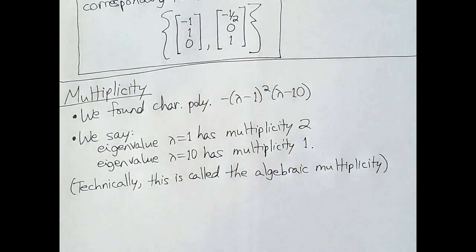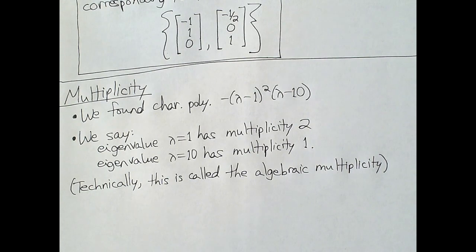And I'll tell you at this point, there is another type of multiplicity, but we'll just call this the multiplicity of the eigenvalue because it's the only multiplicity that we need to discuss in this class.